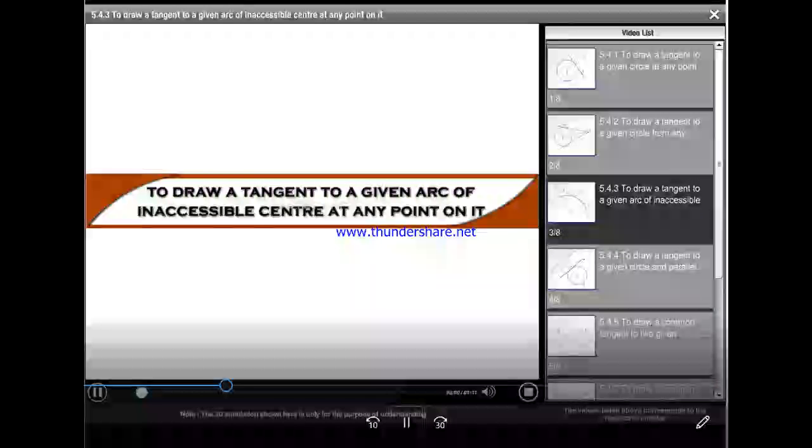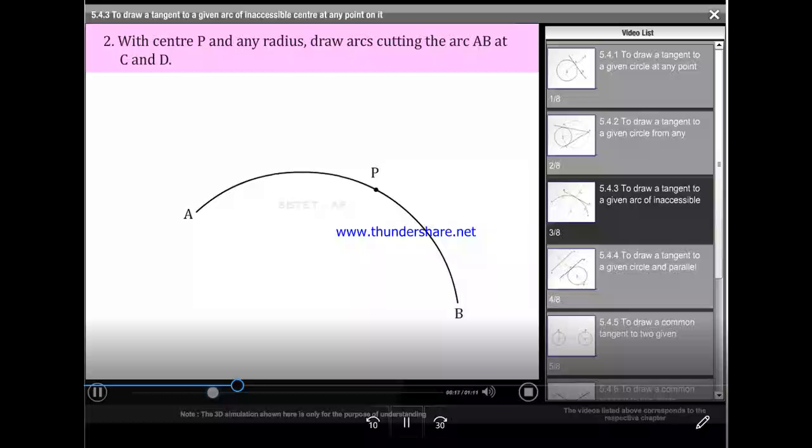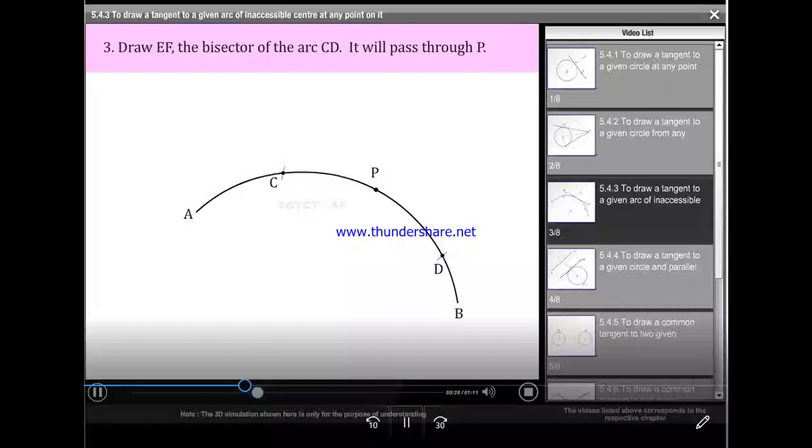To draw a tangent to a given arc of inaccessible center at any point on it. Let AB be the given arc and P the given point on it. With center P and any radius, draw arcs cutting the arc AB at C and D. Draw EF, the bisector of the arc CD.